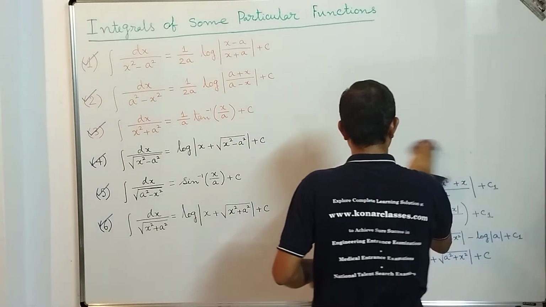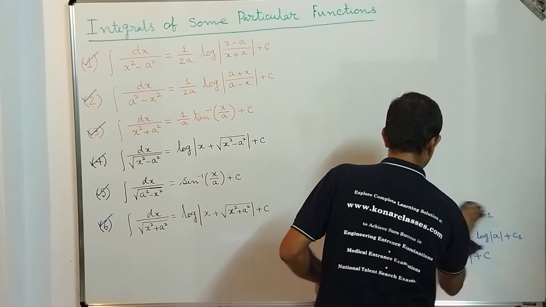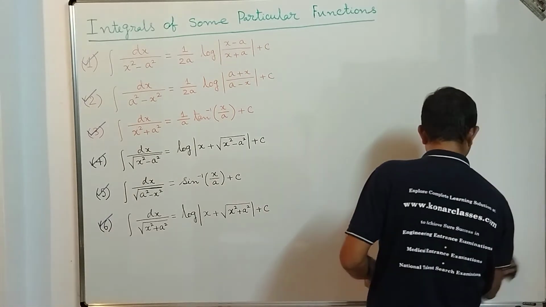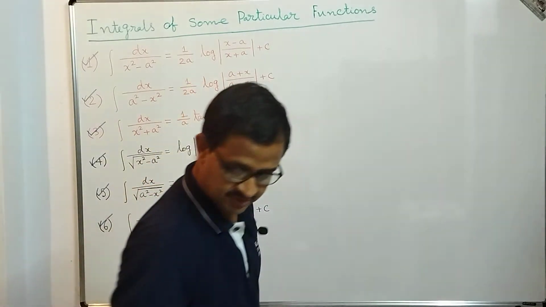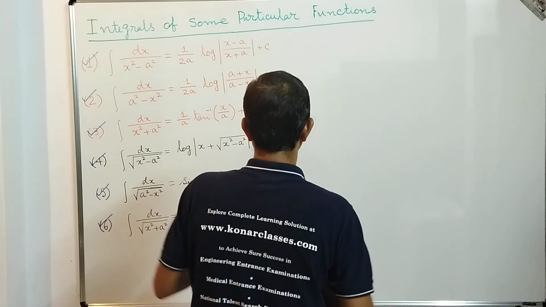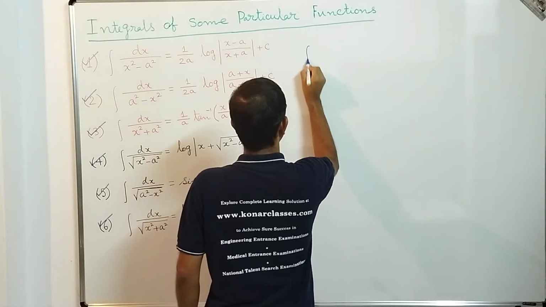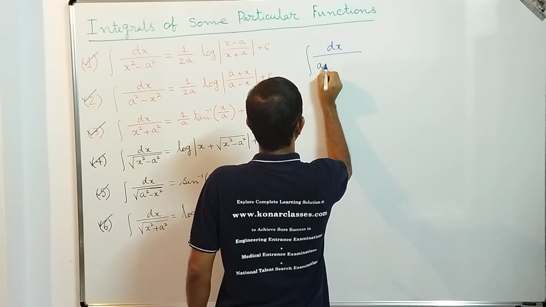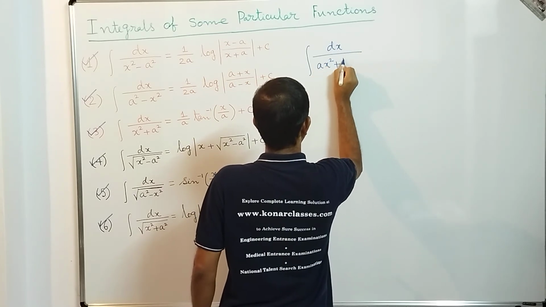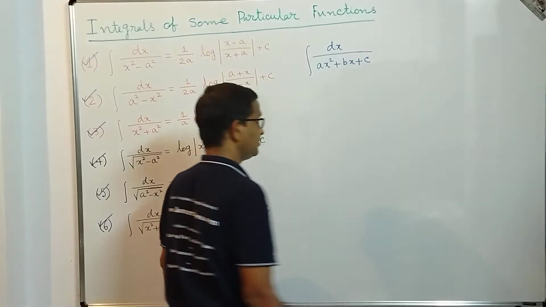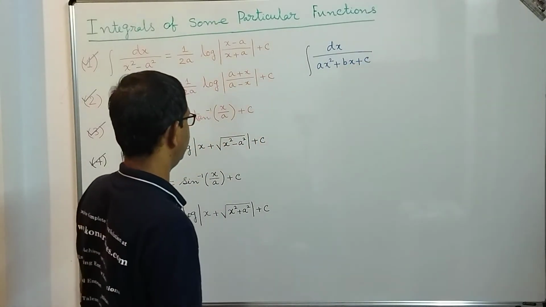That will be another session, but I just show you what kind of integration we are going to perform using the formulas you see on the left hand side. So the integration should be something like this: dx by ax square plus bx plus c. This is one form. How to perform that one?